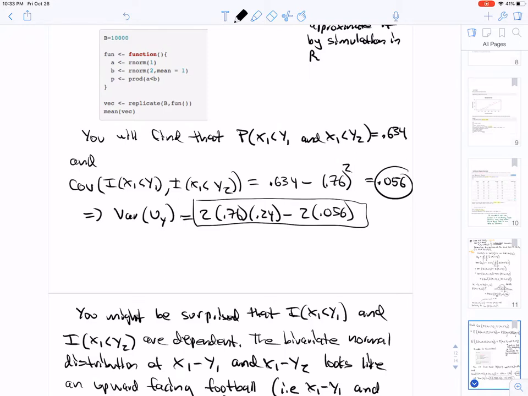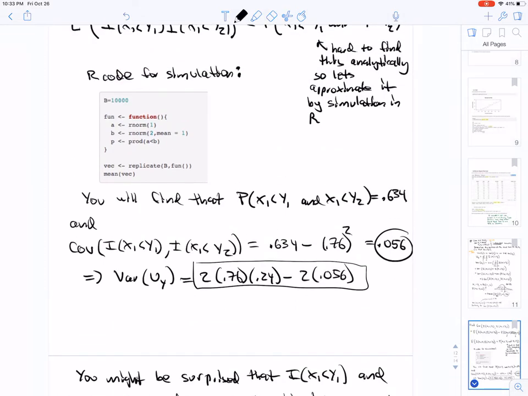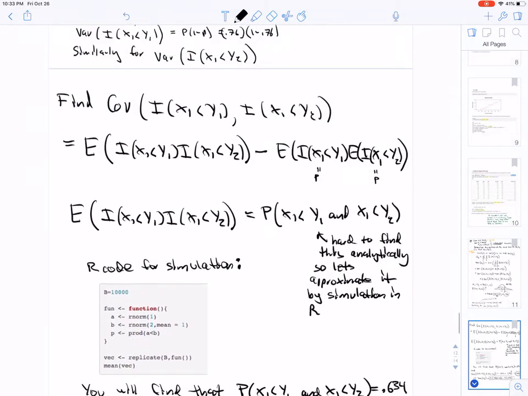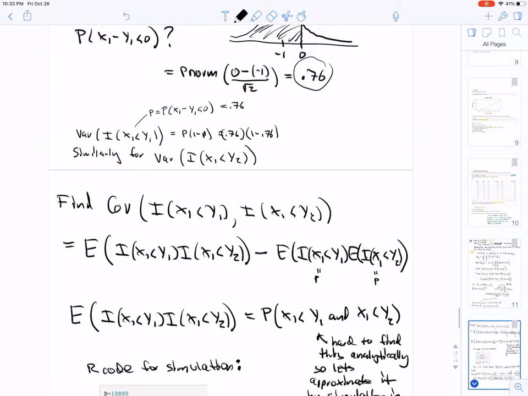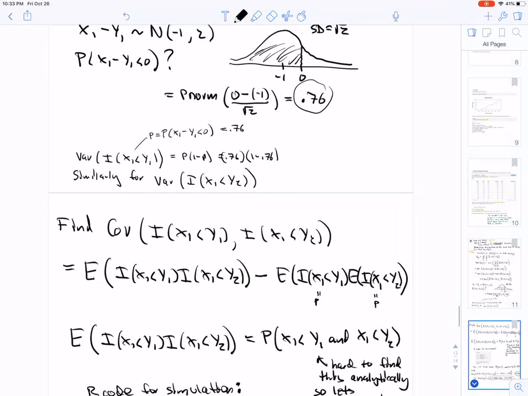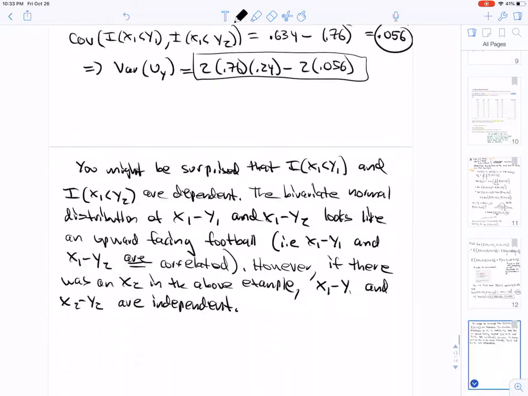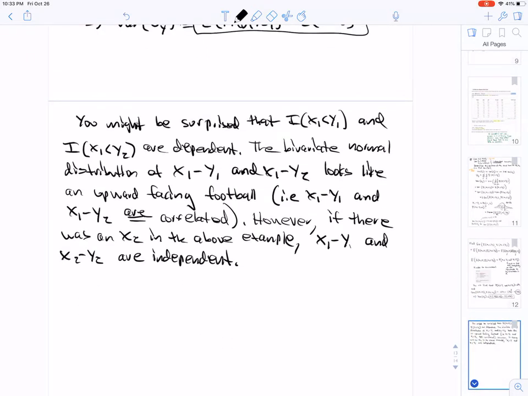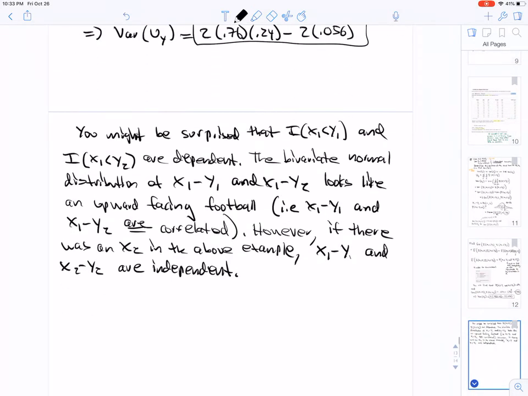So you're going to essentially do this for a general sample size n and m.